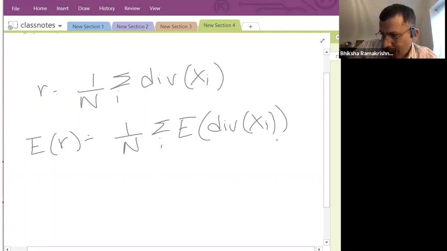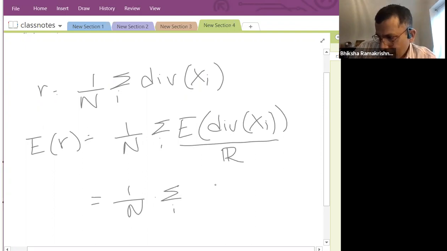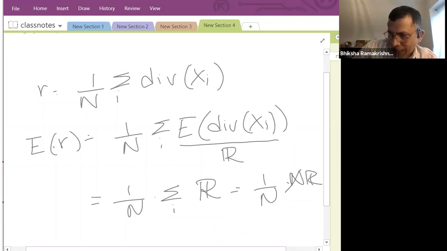This guy is the actual risk, the expected divergence. So this is 1 over n times summation over i of my actual risk, which is simply 1 over n times nR. Strike all the n's. This is R. So the expected value of my empirical risk is the true risk.